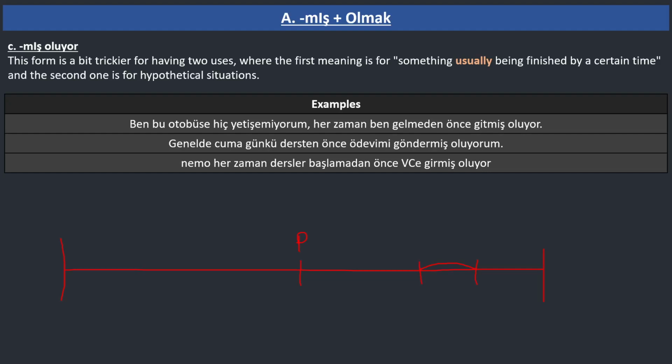So that means he completes the process of entering before the lesson starts. I know the entering is not a long process, but still we are putting emphasis on it being completed. Like the process of something happening is complete before another action.